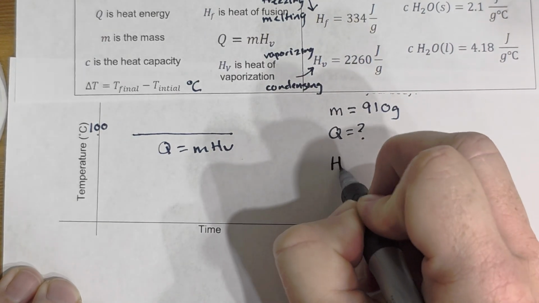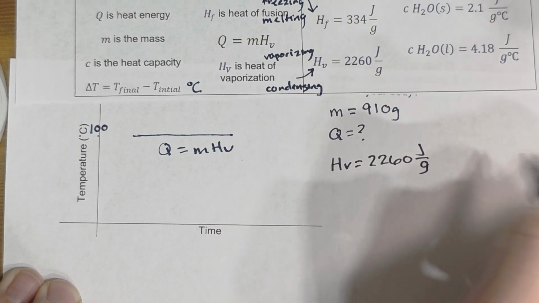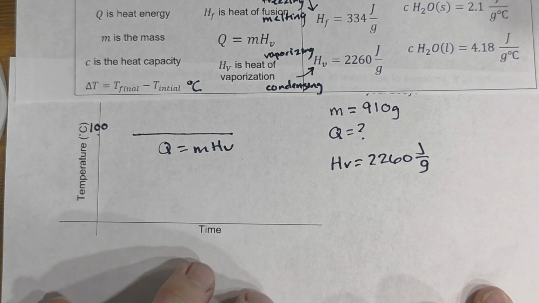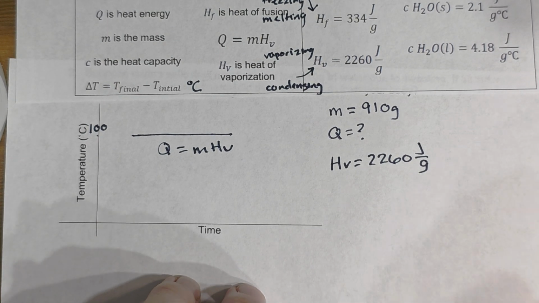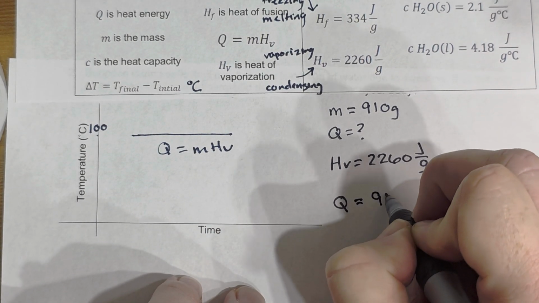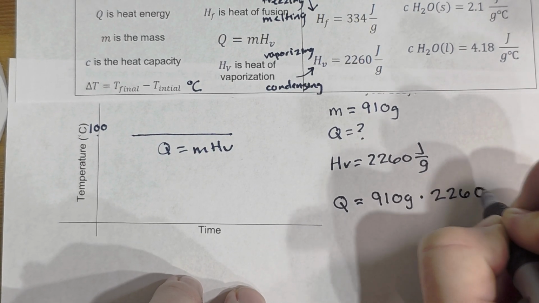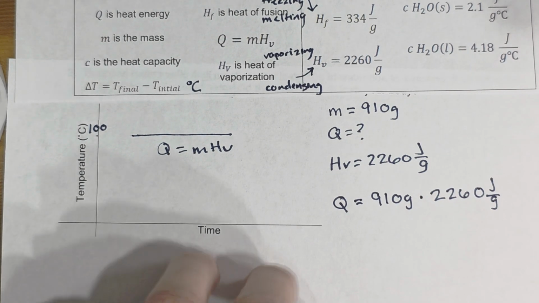So I'm going to put HV equals 2260 joules per gram. Great. Now all I have to do is substitute and solve. Q equals 910 grams times 2260 joules per gram.